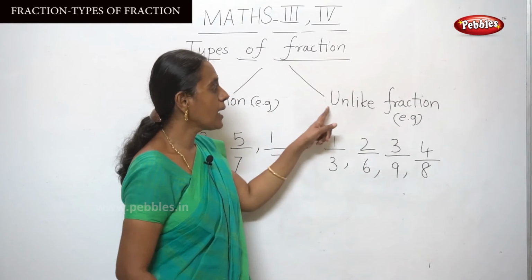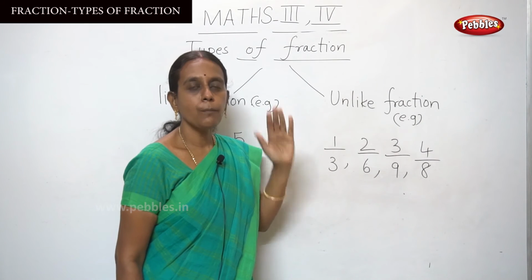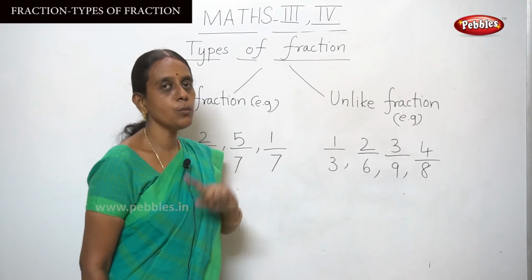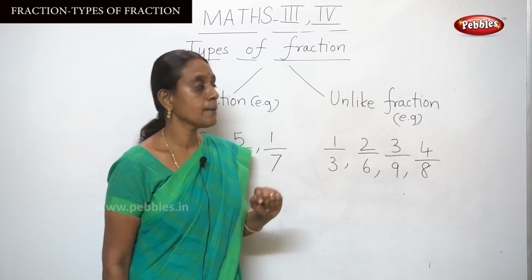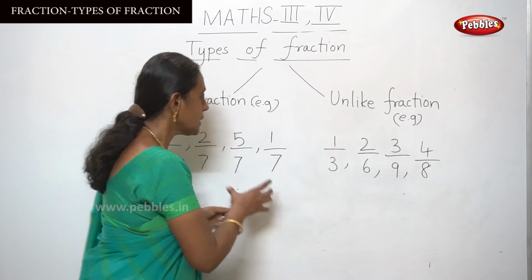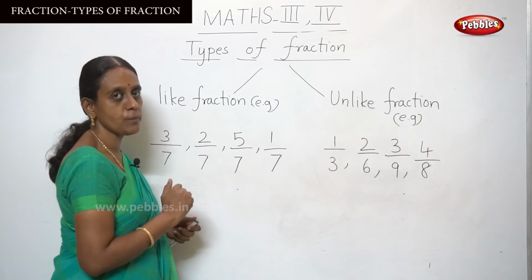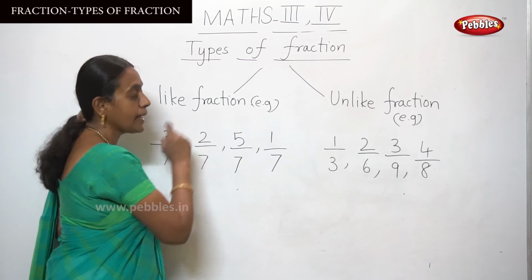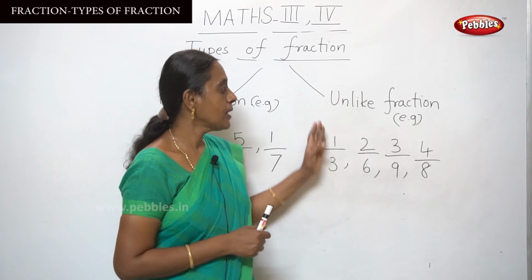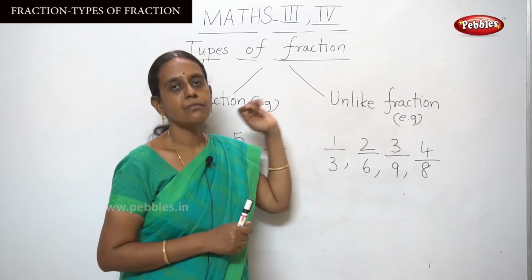So that is called unlike fraction. So the first type is proper and improper fraction, based upon the numerator and denominator. In like and unlike fraction, observe the denominator numbers. If it is the same denominator, it is called like fraction, and if the denominator numbers are different, that fraction is called unlike fraction.